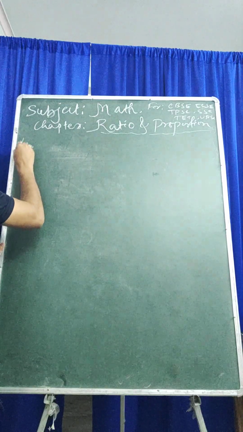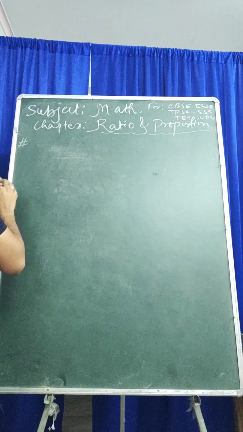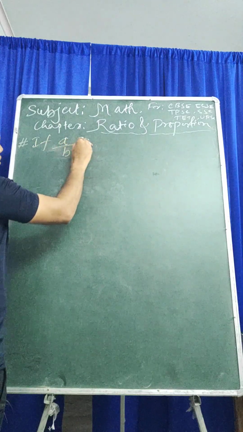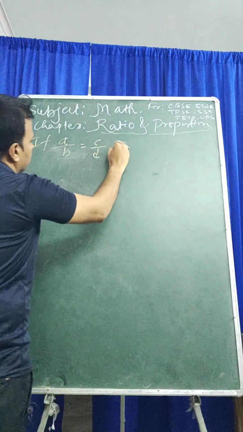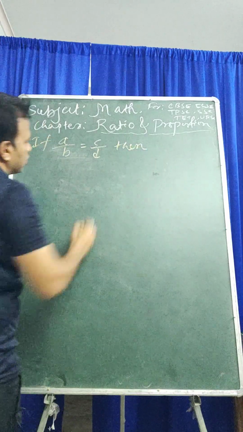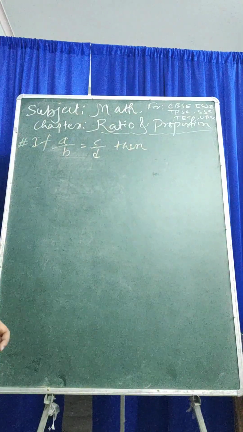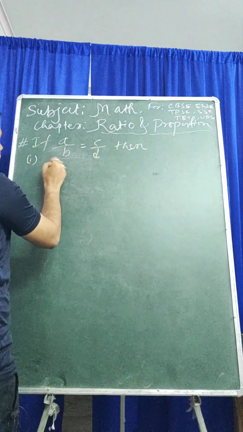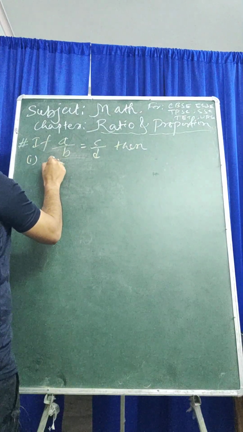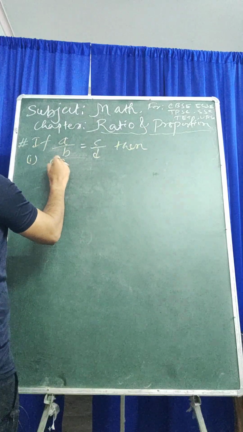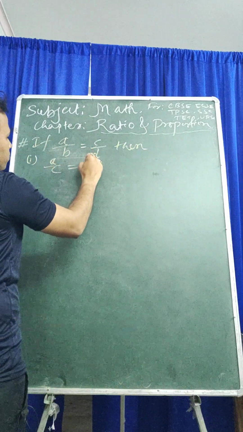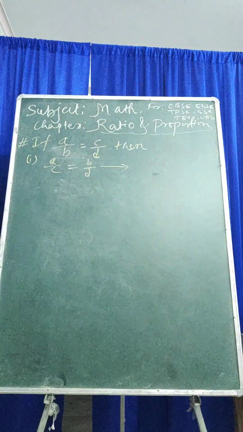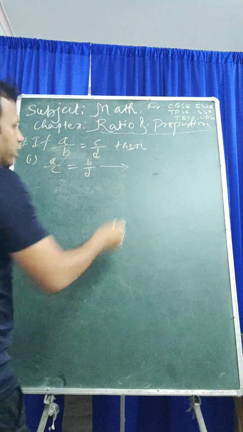Okay, so if A by B is equal to C by D, then we can write formula number one: A by C equal to B by D, by alternate rule.